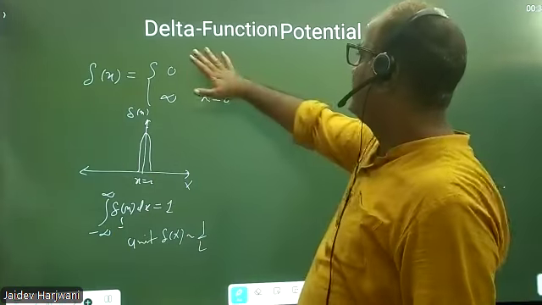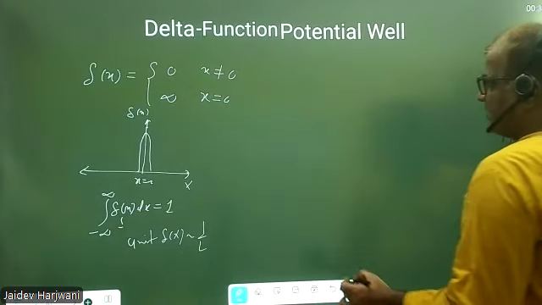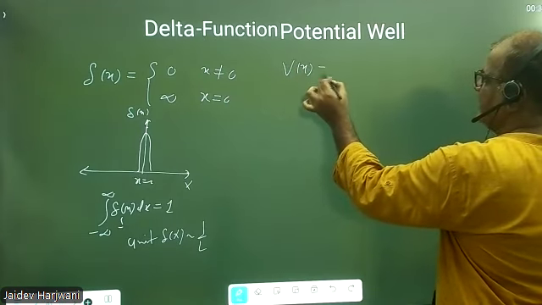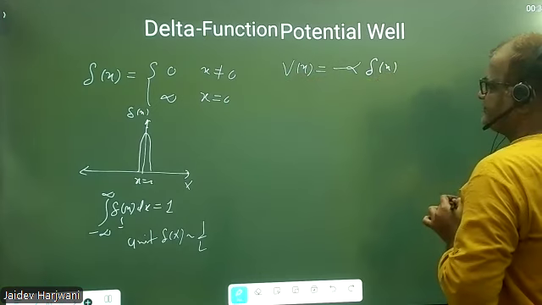But here I want to solve the Schrödinger equation for the delta function potential well. That means I am going to take a potential V x of type minus alpha delta x.